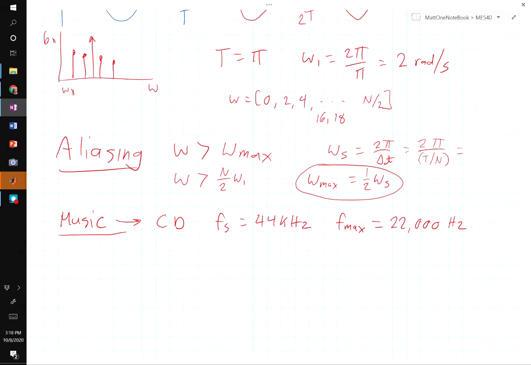This is convenient though because our ears can't hear beyond about 20,000 hertz. Dogs and things can hear higher, but humans' hearing tends to end somewhere between 15,000 and 20,000. 20,000 hertz tends to be higher for younger people.